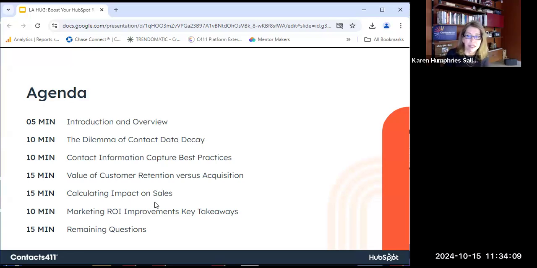What do those comparisons look like? I want to spend some time actually calculating the impact on sales and get you thinking about ways you can improve your marketing. By the time we get all that done, it'll be really clear how it improves your marketing ROI. Hopefully we're building something and all the puzzle pieces will make sense for you at the end.